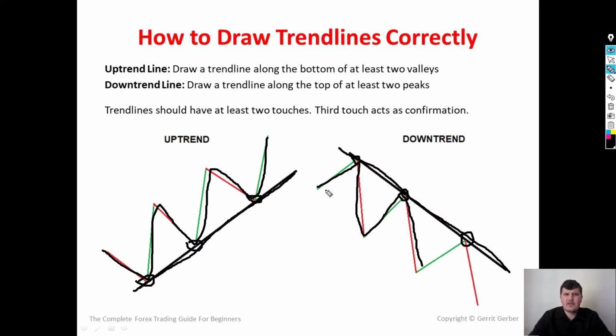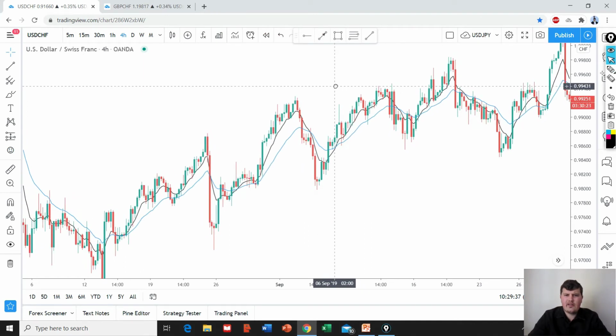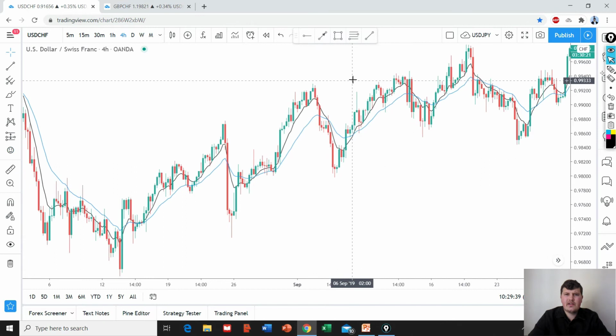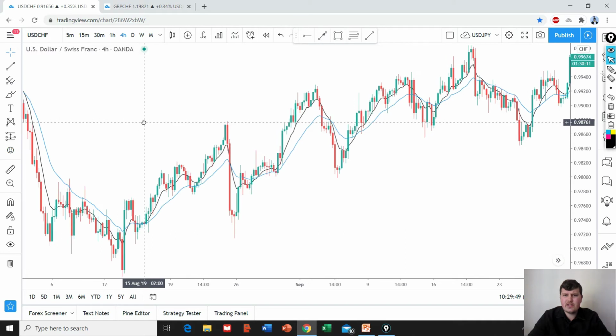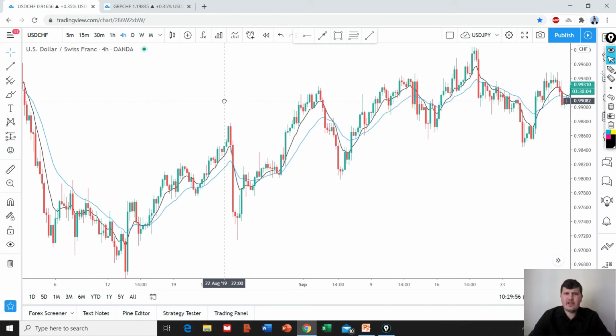Okay, so here we have a live market of the US dollar Swiss franc, as you can see in the left corner over here. And this is a trading platform called TradingView, and I'm going to do a more comprehensive video about TradingView and how you can use it in a later video.